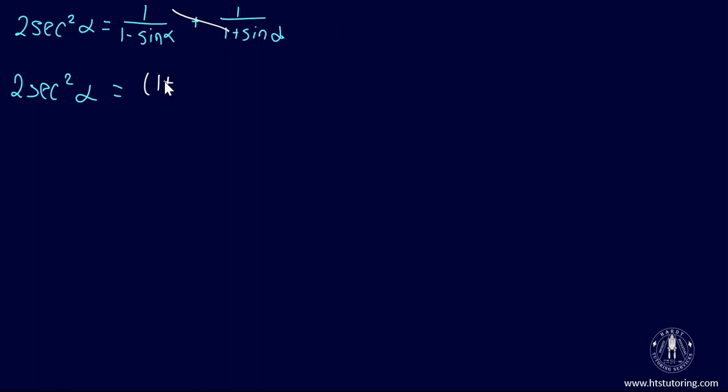So I'll have 1 plus sine alpha plus 1 times 1 minus sine alpha, which is just 1 minus sine alpha. I'm putting them in parentheses because if this was a minus sign, I'd have to distribute that minus through both of those. It just keeps everything straight, but with a plus sign it doesn't matter too much.